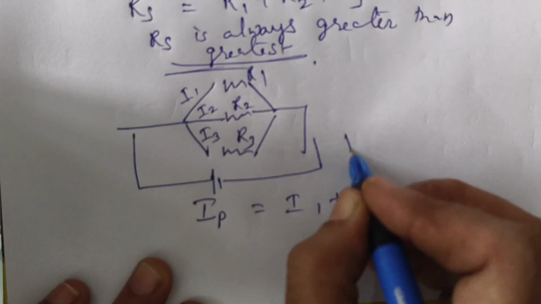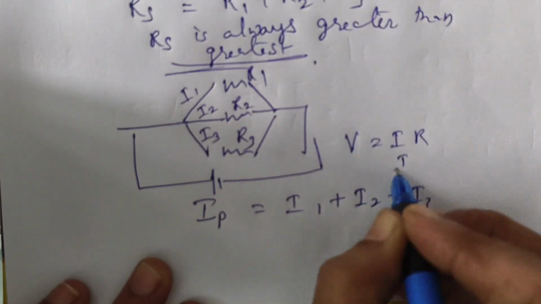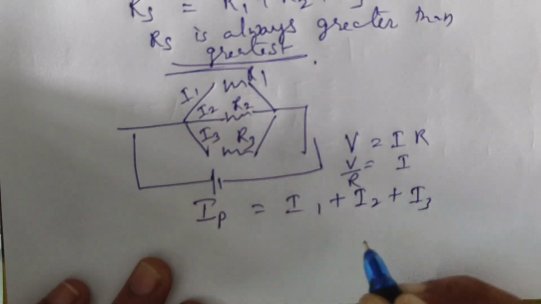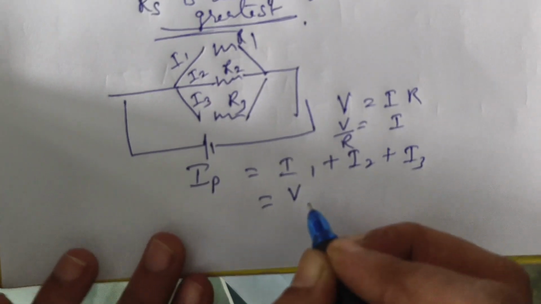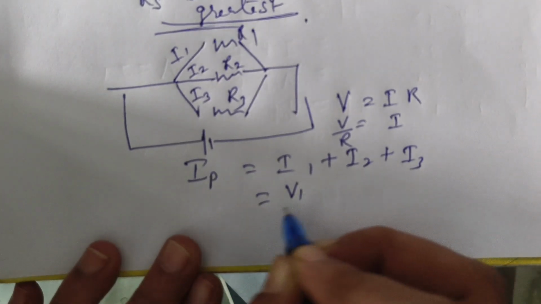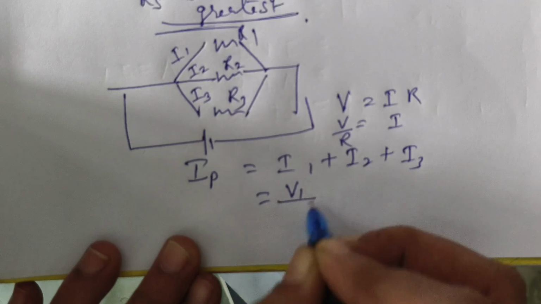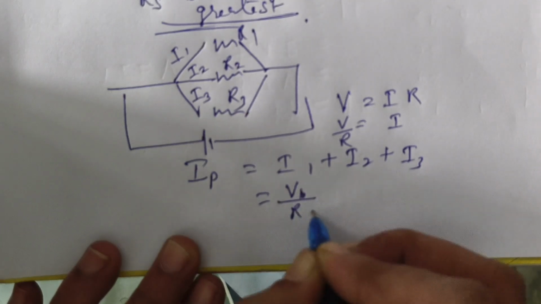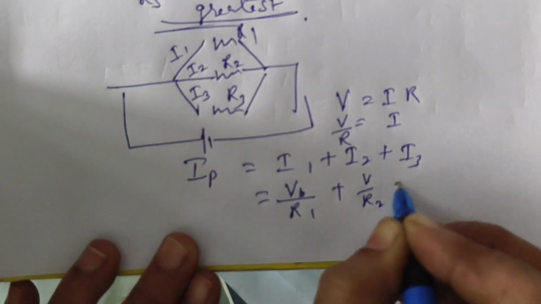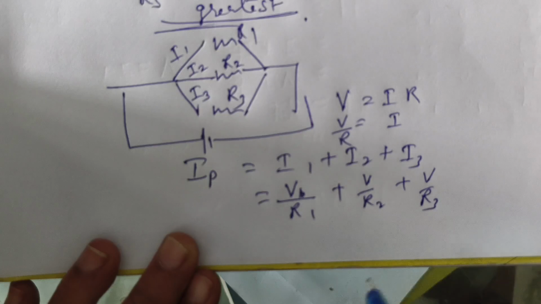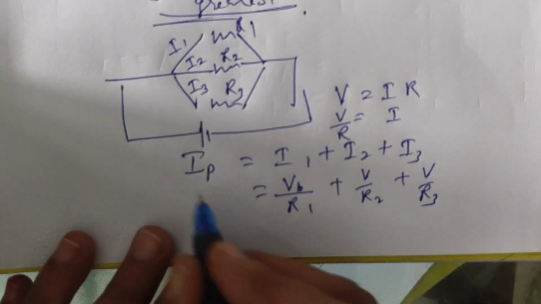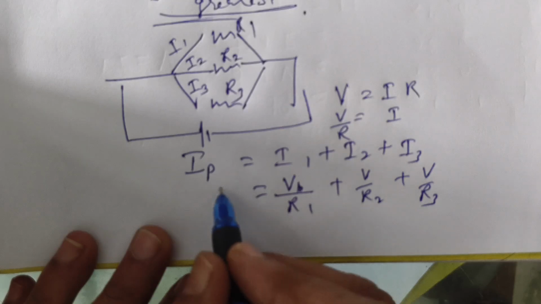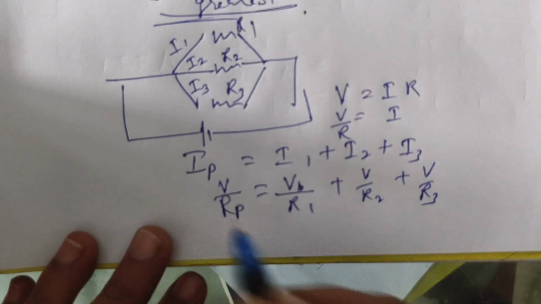As per Ohm's law, V is IR, so I is V upon R. Here the voltage will be the same throughout, so we replace the currents with V upon R1, V upon R2, V upon R3. So V upon R1 plus V upon R2 plus V upon R3, whereas the current in parallel will be V upon R parallel.